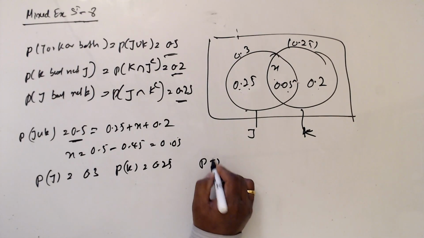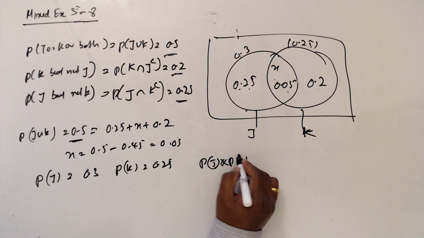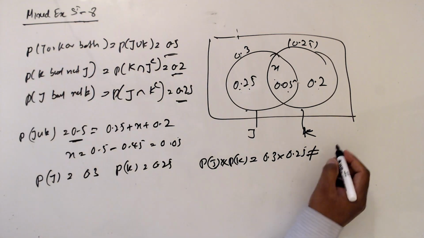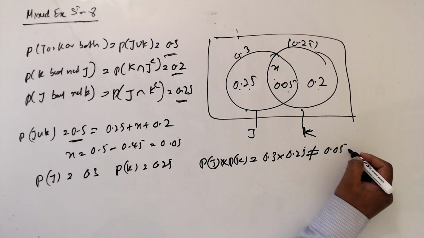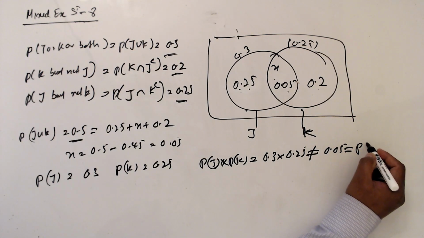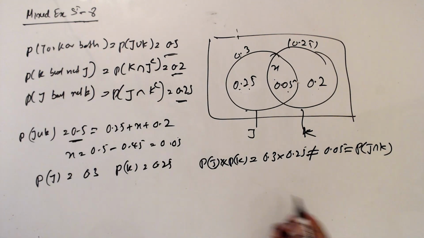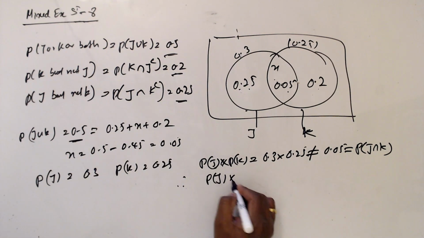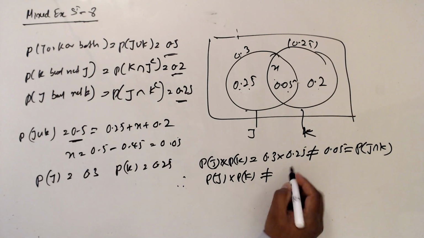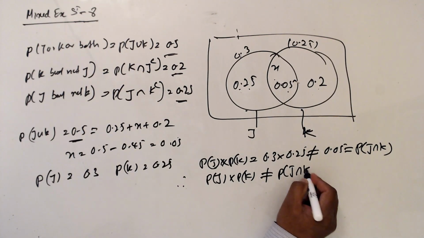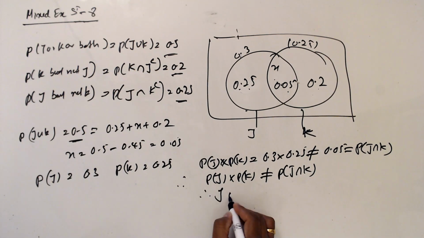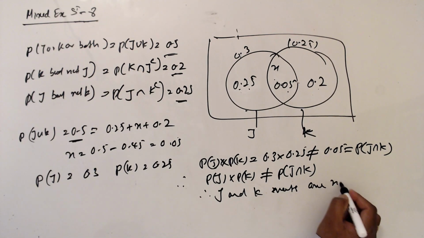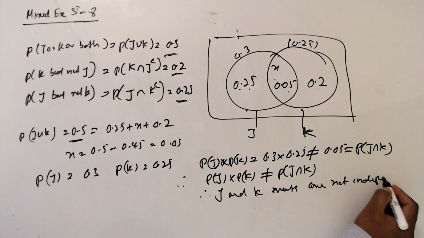Then probability J times probability K equals 0.3 times 0.25, which is not equal to 0.05, which is probability of J intersection K. Hence, P(J) times P(K) is not equal to probability of J intersection K. Hence, J and K events are not independent.